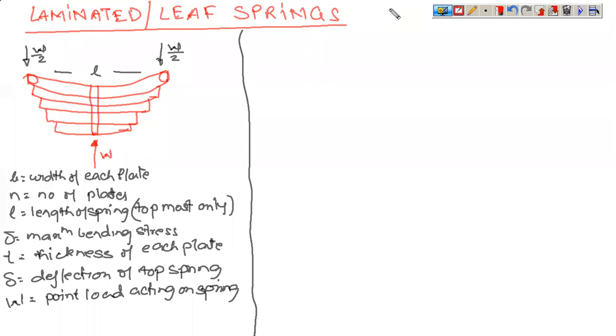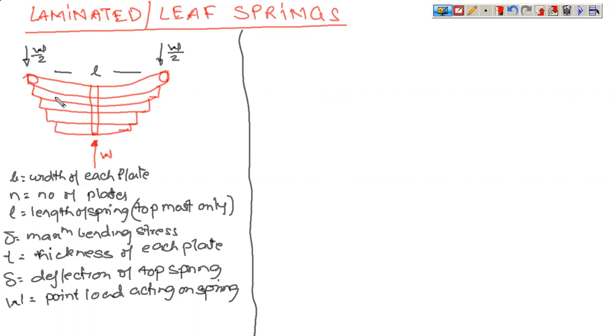Fully elliptic is only a point where you are taught that if this same system is replicated on this side also, it becomes a fully elliptic leaf spring. The practical example conforms only to the semi-elliptic leaf spring. Fully elliptic leaf springs are hypothetically placed, meaning you can create them, but they are special purpose applications.